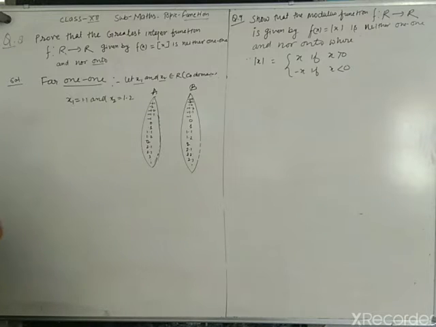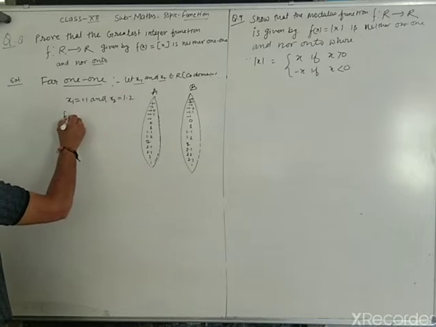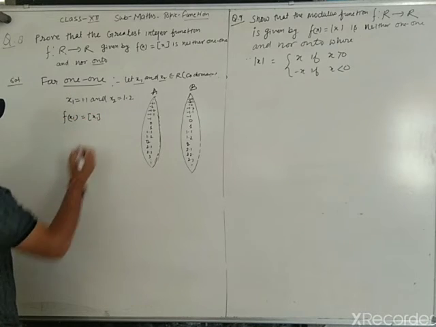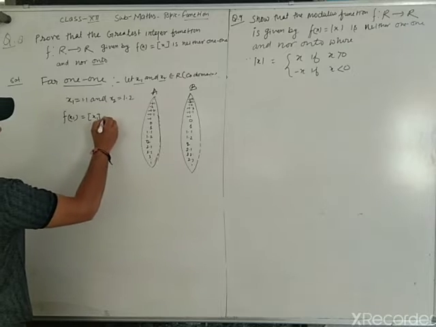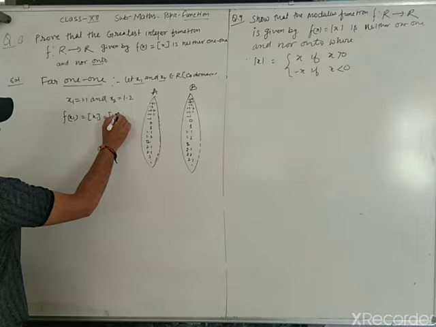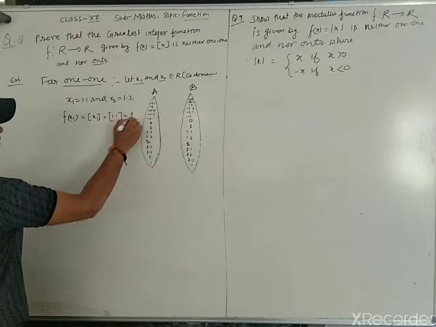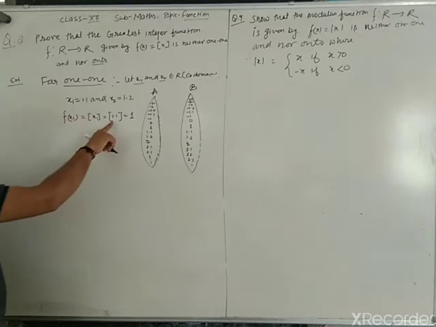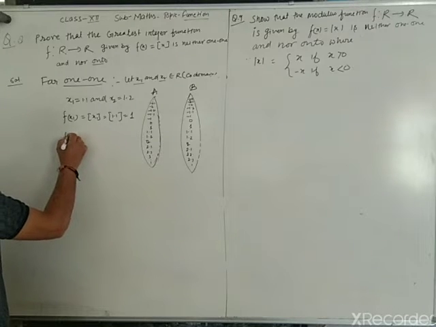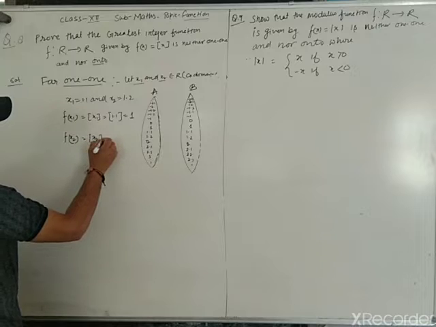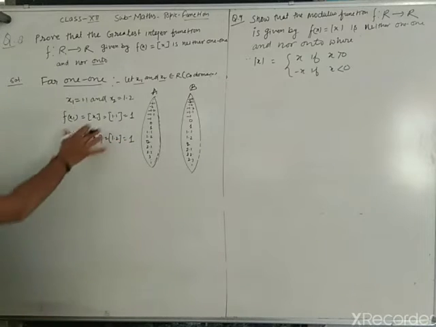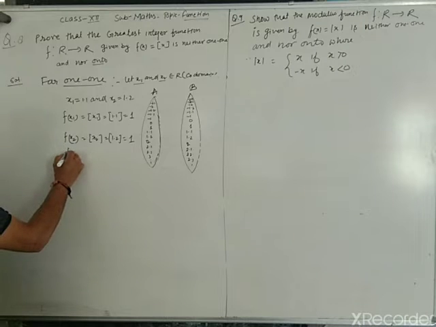So according to the question, f(x1) = [x1] = now put the value of x1 = 1.1 and you know that the result is 1. Clear? Due to the greatest integer function we will select the greatest integer from this. f(x2) is equal to what? x2 is again 1.2. So what result do you get? 1.